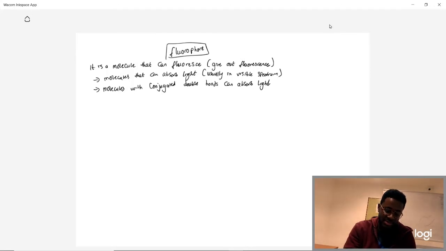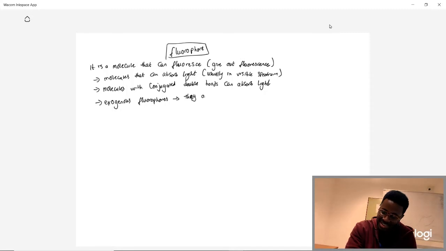The next one is just showing you the common fluorophores. What does exogenous fluorophores mean? Exogenous fluorophores are not from the body, not from the human body.